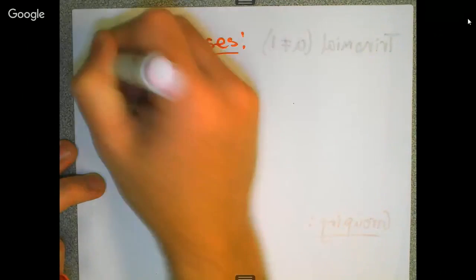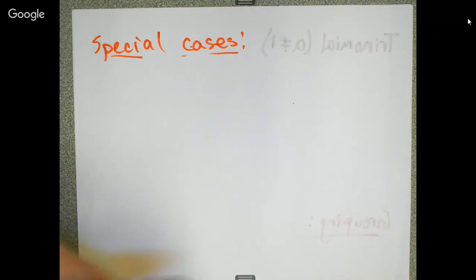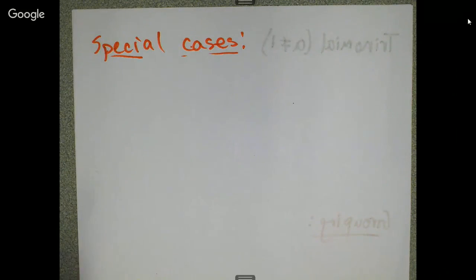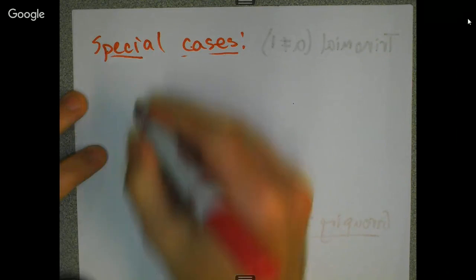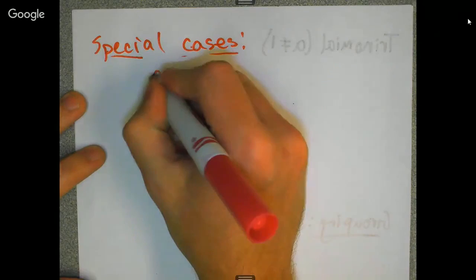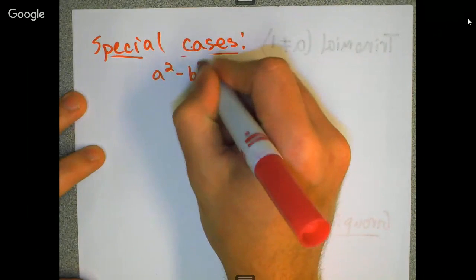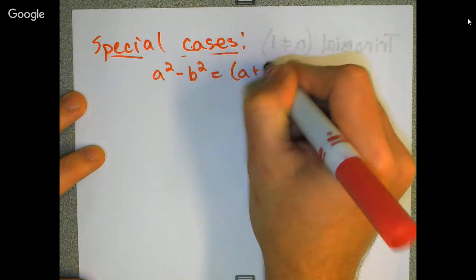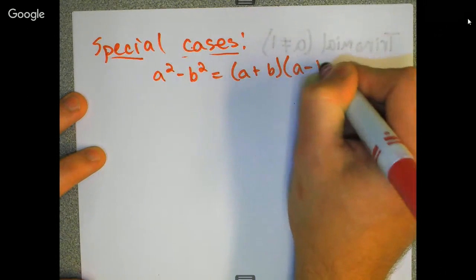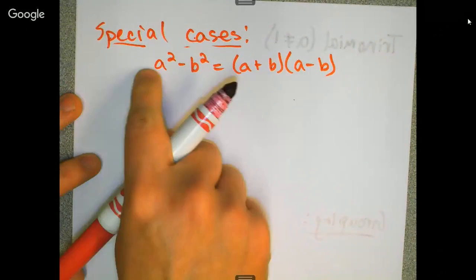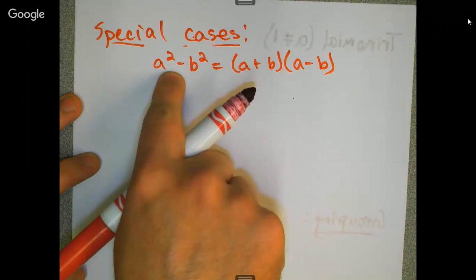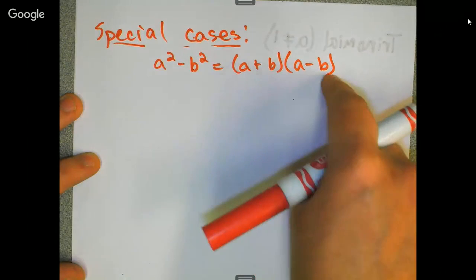That goes back to 0.3. So we factored out a greatest common factor if we had one. We have the difference of squares. If I have two squared numbers and the difference, then it's going to be A plus B, A minus B.